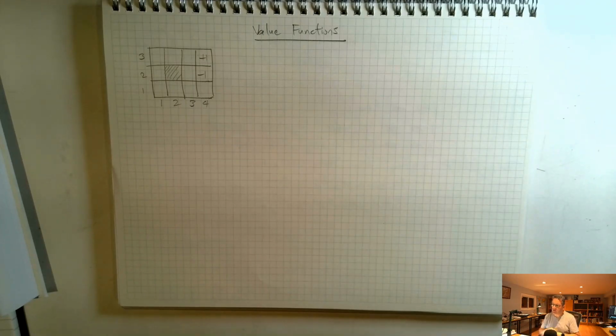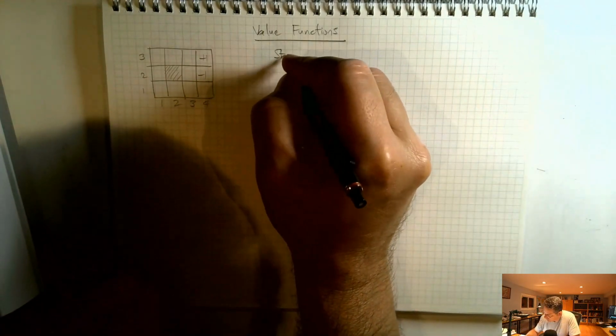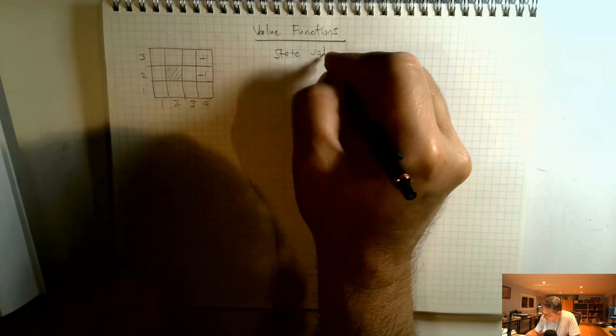As we will see, these algorithms are iterative, recursive in nature, and therefore we need to define these functions, because these are what they will base their decisions on to go to a better policy. So we will start with the so-called state value function.